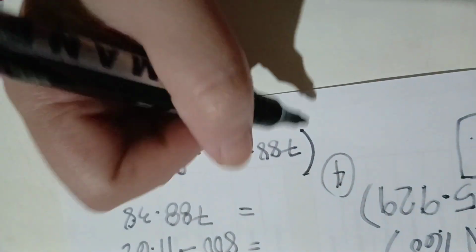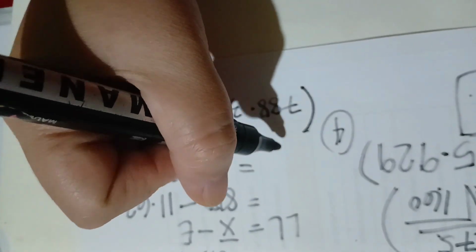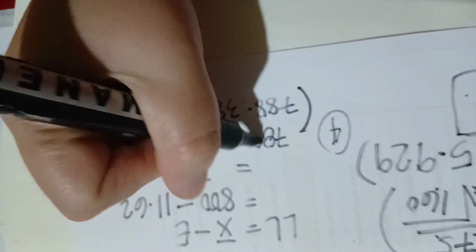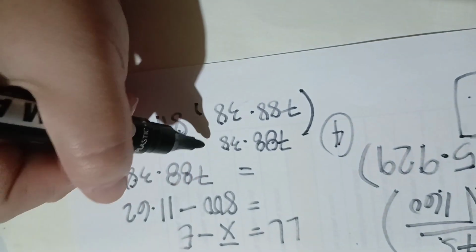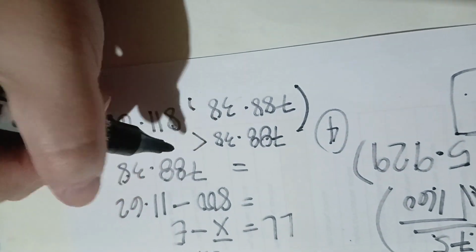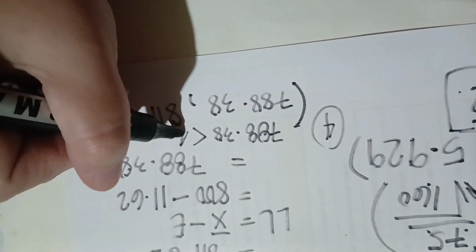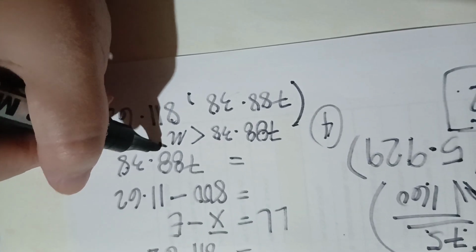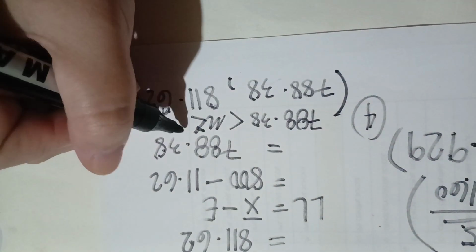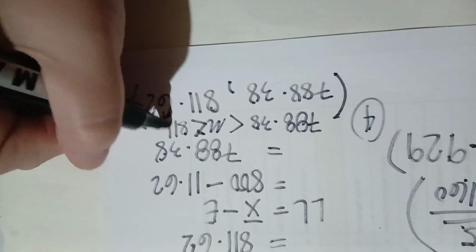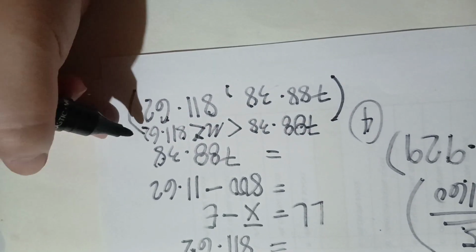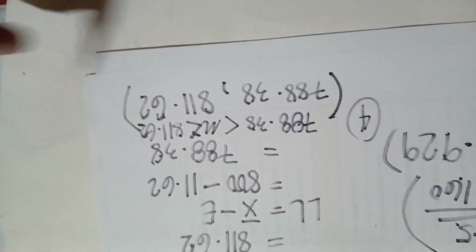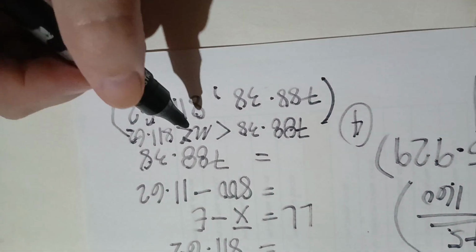You can also write this in the form 788.38 less than the true mean less than 811.62.